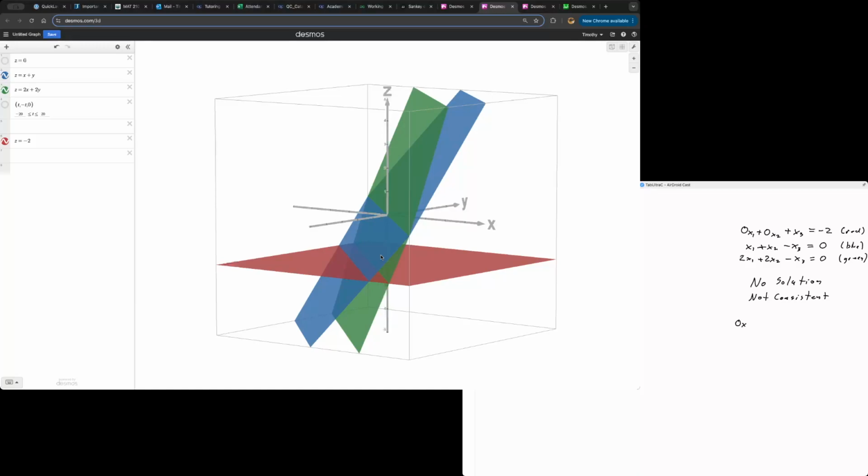as the same basic system of equations, but I'm going to slightly modify it. 0x1 plus 0x2 plus x3, and instead of saying it's equal to negative 2, I'm going to say it's equal to 0. And the other two I'm going to leave alone.